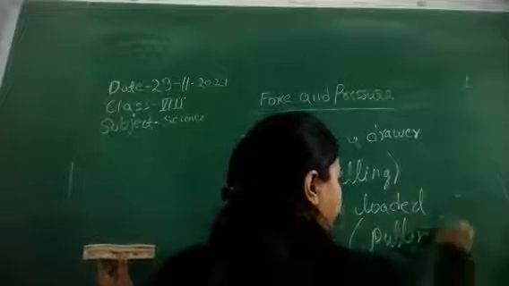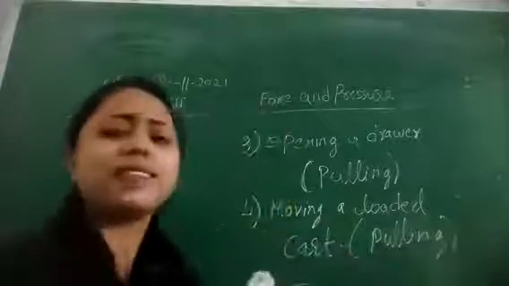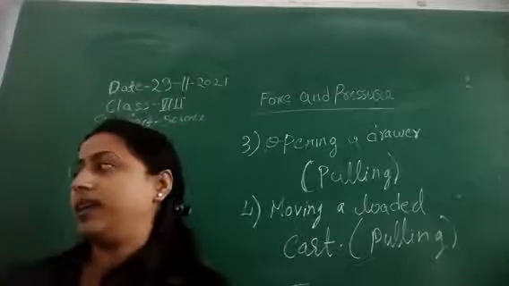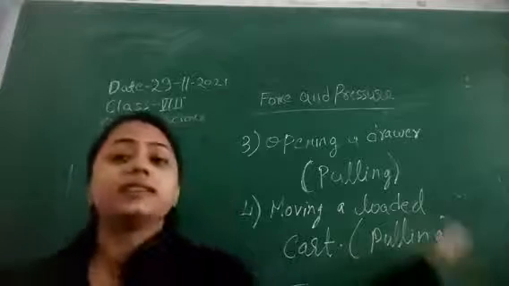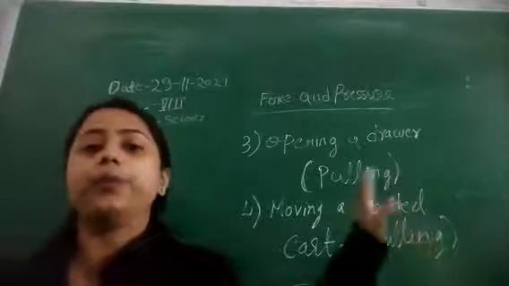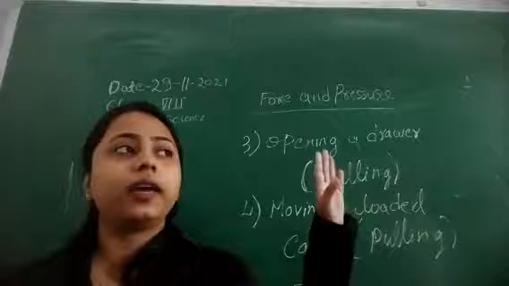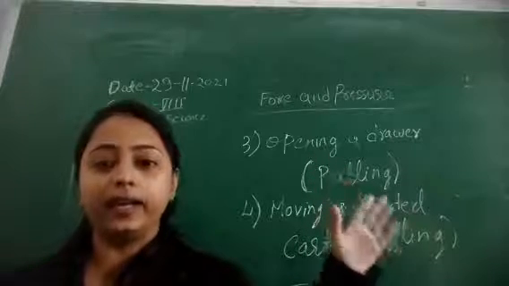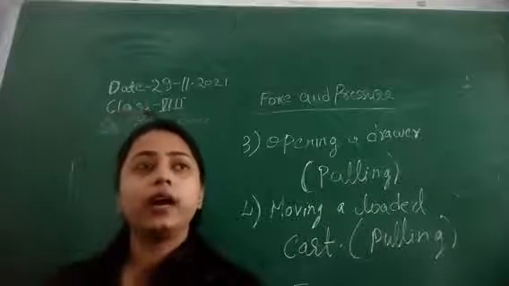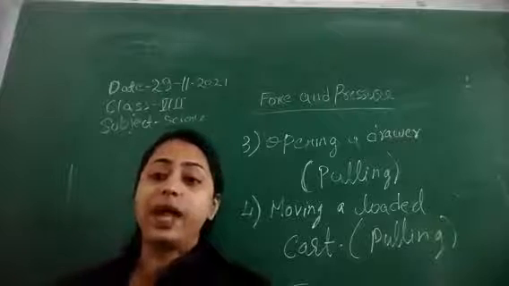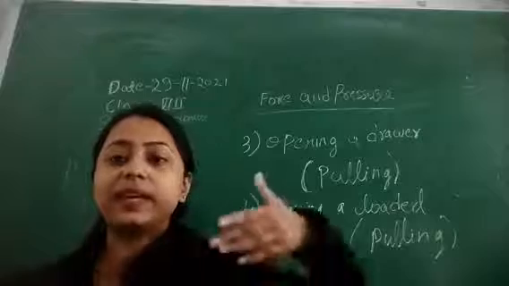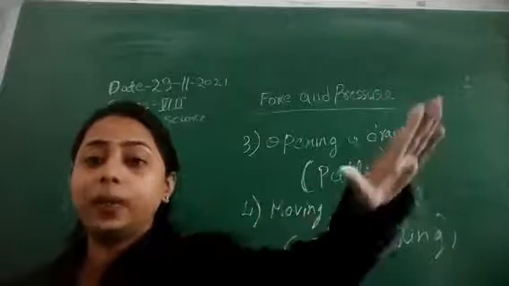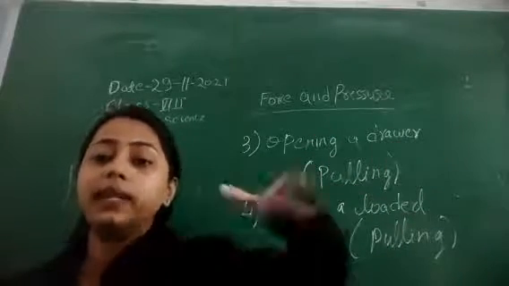So, in the same way, there are several other actions in our daily life which you observe all around you, in which some kind of action is applied. Pulling, pushing, kicking, lifting, hitting. One more example you can take, when a ball is hit by a batsman. The batsman hits the ball.